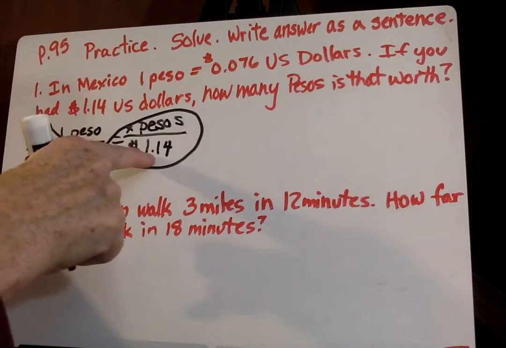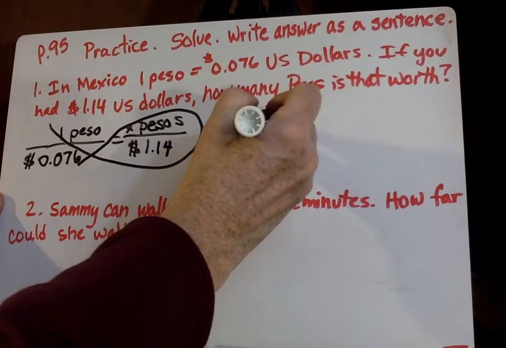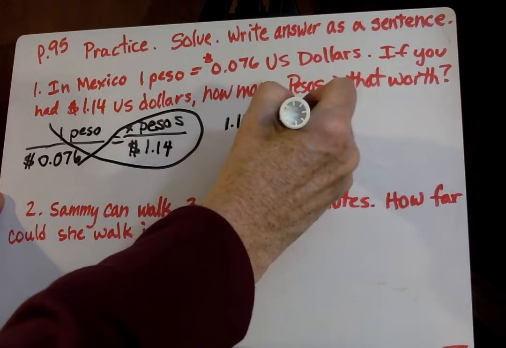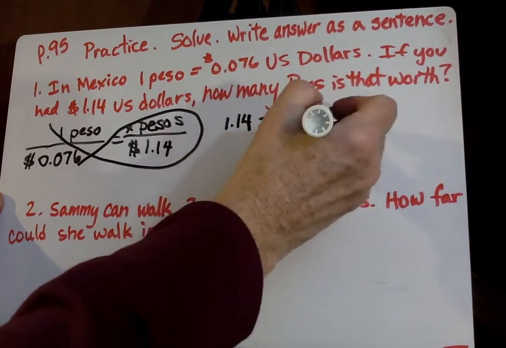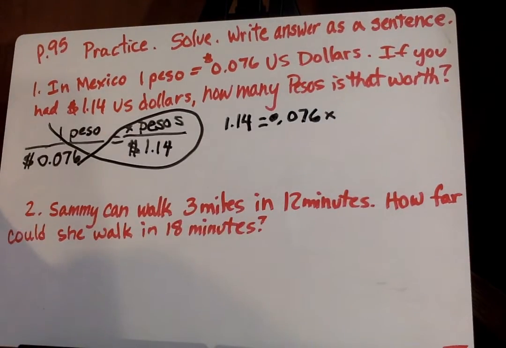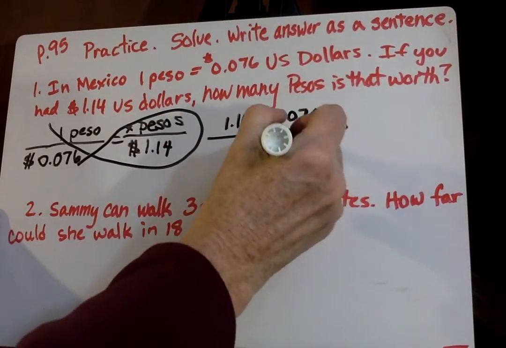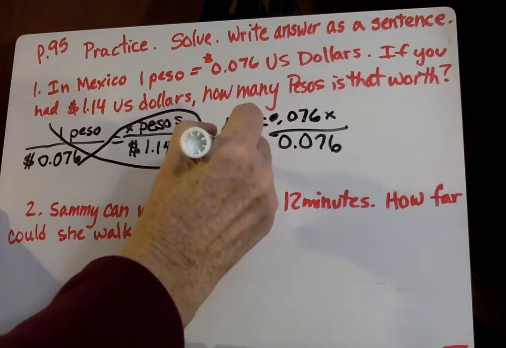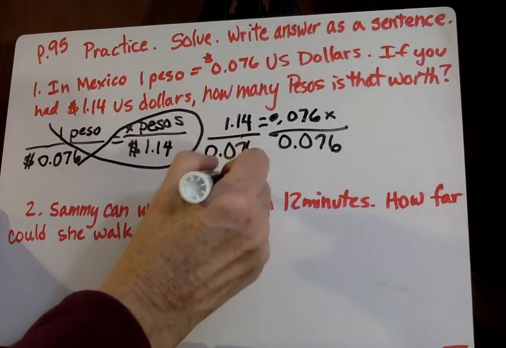1 peso times 1.14 is 1.14 equals x times 0.076. You divide by the number in front of x. Make sure you put the right amount of zeros in there.